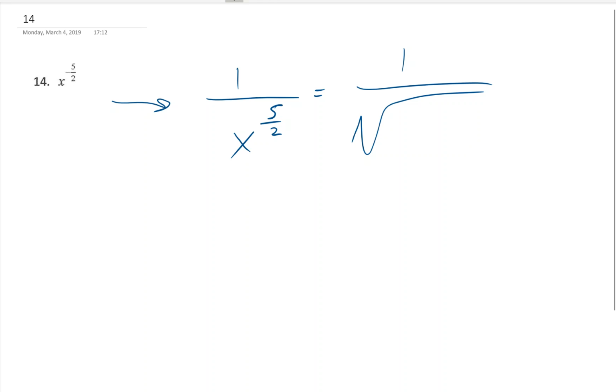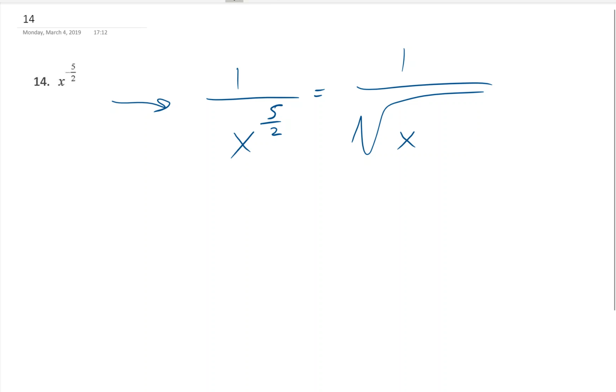Number 14. You have x to the negative 5 over 2. So the negative means that you flip it over. So really what you're looking at is 1 over x to the 5 over 2. Okay? So what does that mean? It means you have 1 over the square root of x to the 5th power.